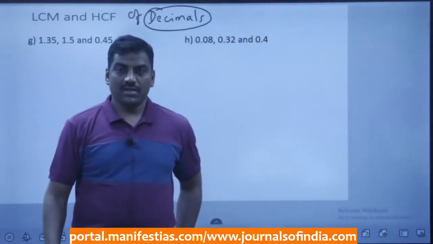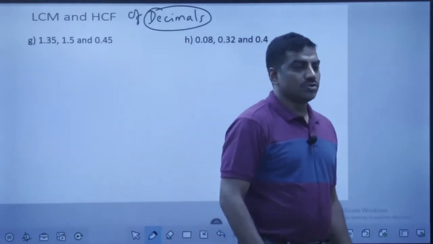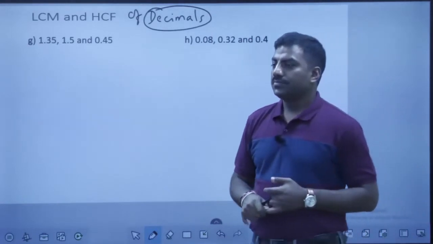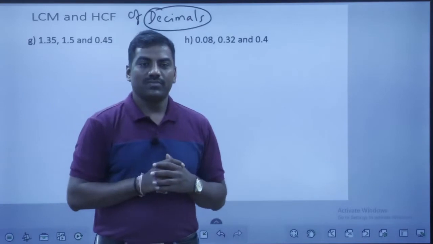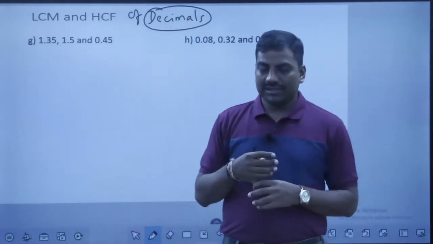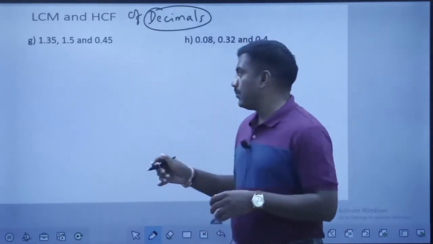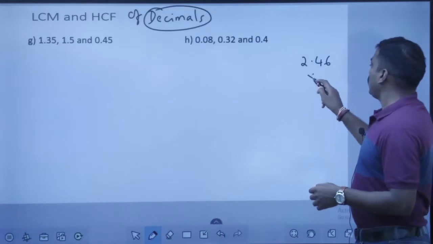Try to remember. Decimal into decimal. How you used to treat that point? I'm not asking division. I'm asking multiplication. When you are multiplying, let's say 2.46 into 1.2.